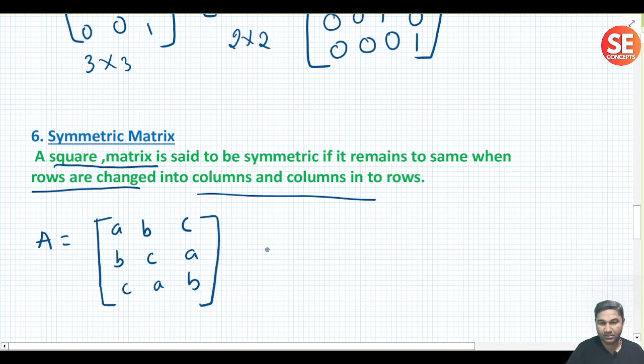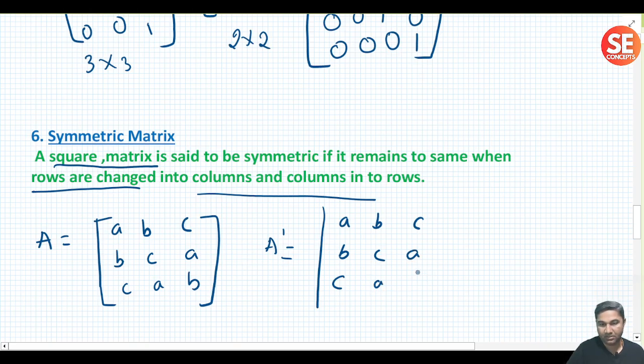If I change it to A dash, the symmetric matrix, I'll change from row to column. A stays similar, I'll put this B here in place, and this here, moving here, and I'll put this first here, B, then I will change the row to column. The center one remains the same, and again I'll move this A to here.